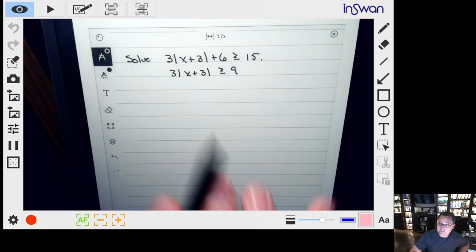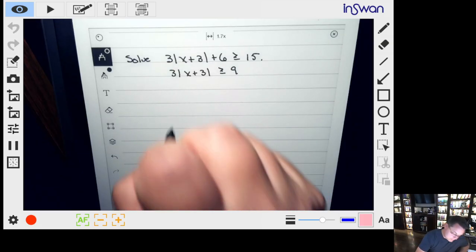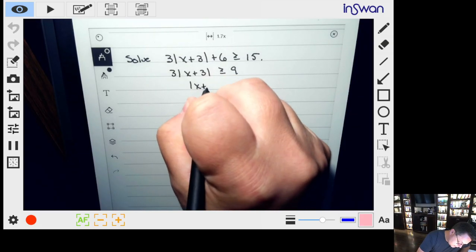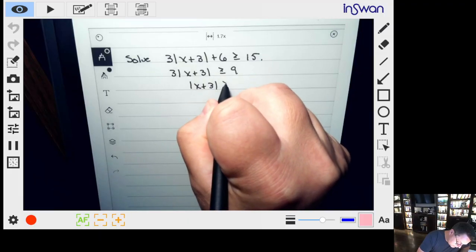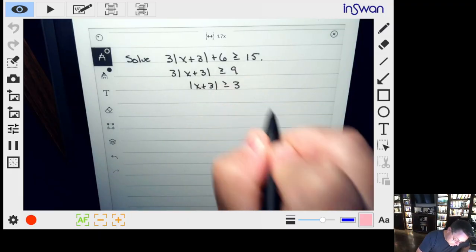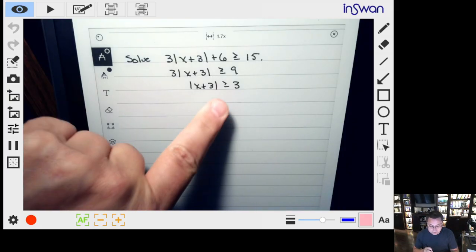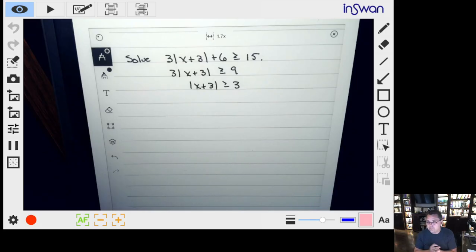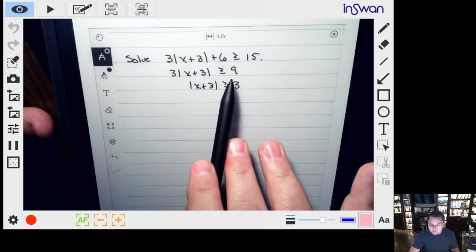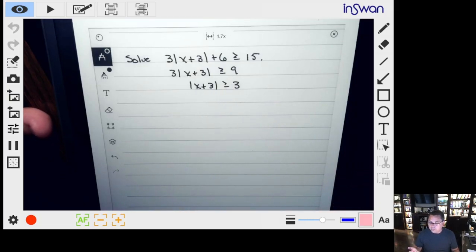Now I'm going to divide by the 3. That'll give me the absolute value of x plus 3 is greater than or equal to 3. Now again, because the 3 was positive, I didn't change the sign of the inequality. If this 3 would have been negative, I'd change the sign. It doesn't matter whether this 9 is positive or negative in terms of the way that the sign faces.